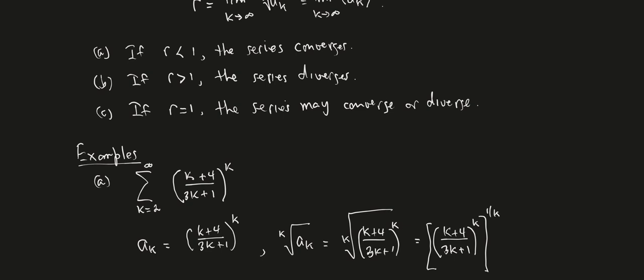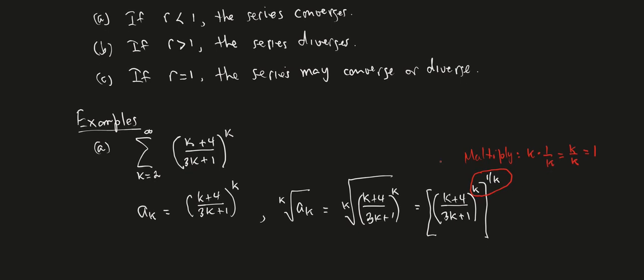So we multiply these powers, and think about what happens if you multiply k and 1 over k. You'll have k times 1 over k, so that's k over k, and that's equal to 1, right? So being able to take that kth root simplifies our summand quite a bit.